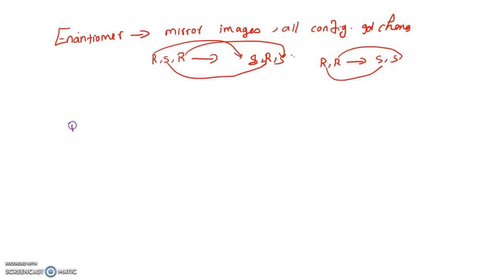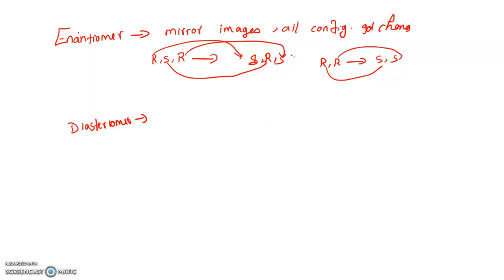Let us talk about the diastereomer. These are not mirror images, but the configurations may be changed. I told in the previous video that it is only applicable to a compound which contains more than one chiral center.